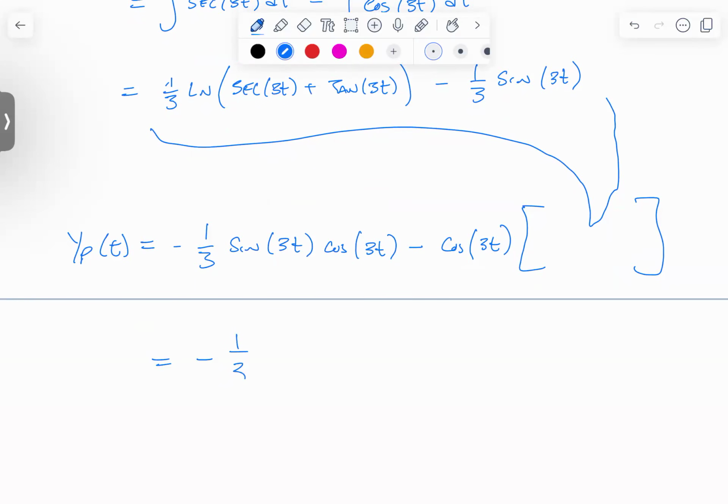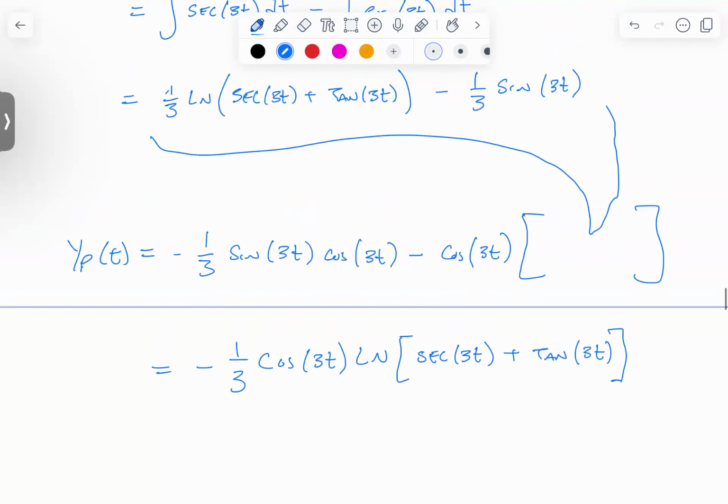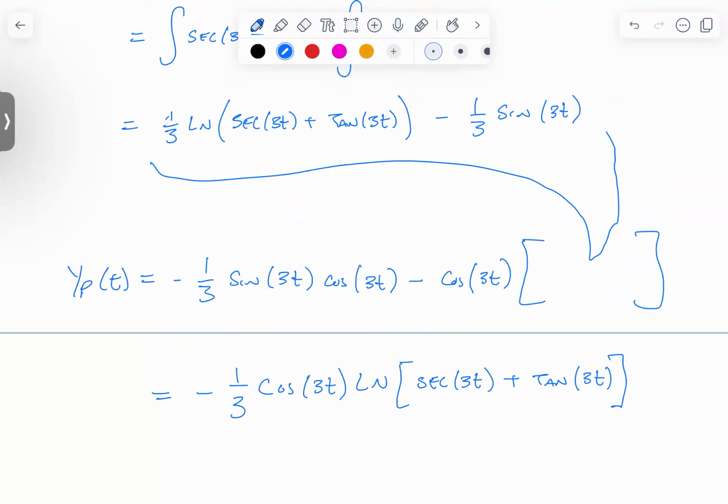Actually, a lot of stuff simplifies and cancels. I can already see I have the 1/3 sine cosine right here. When I put this in, I have a 1/3 sine cosine right there. Those two will cancel, which means only the other piece is left.